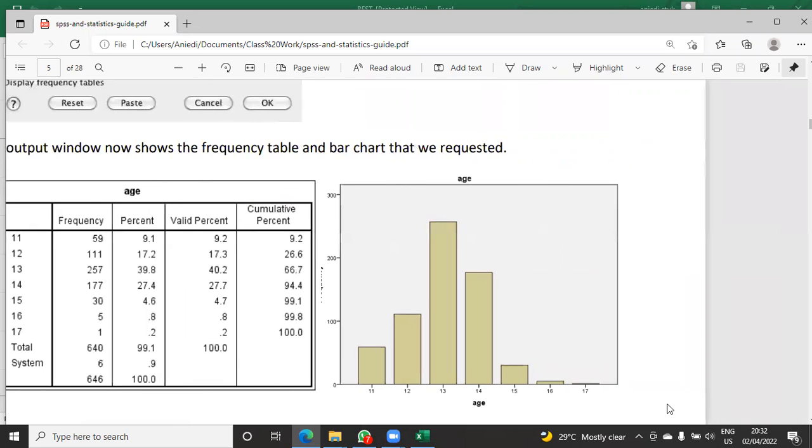Then they now decide to present it again in histogram to see how it goes. You can notice that there are 1, 2, 3, 4, 5, 6, 7 histogram bars. But one is so flat.